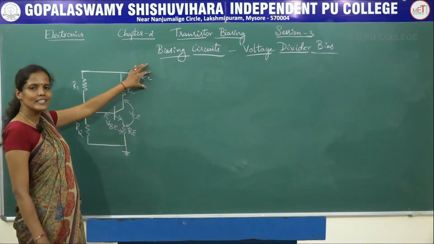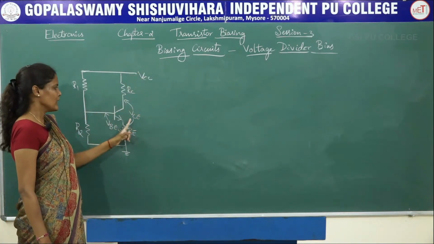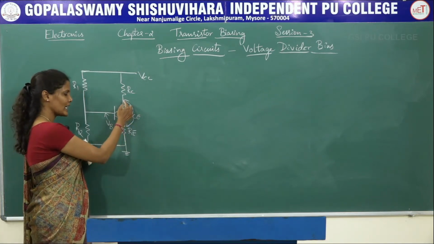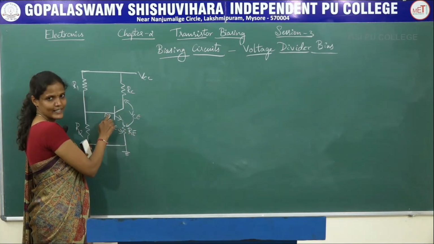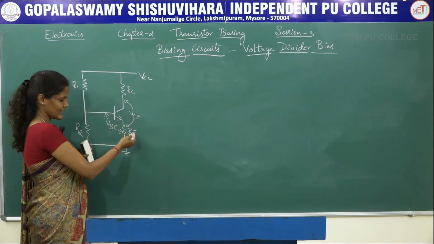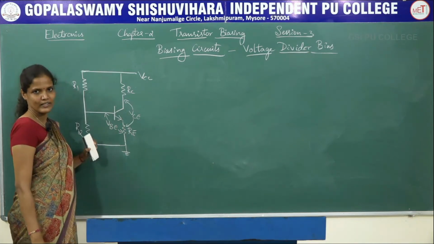Here VCC is the voltage source we are applying. VCE is nothing but the voltage measured between the collector and the emitter, and this is the base terminal of a transistor. RC is the collector resistor, RE is the emitter resistor.